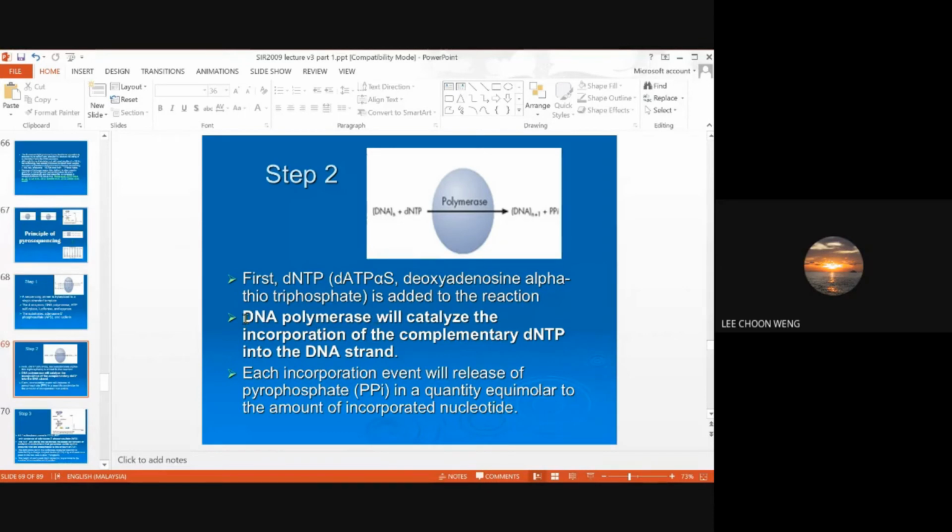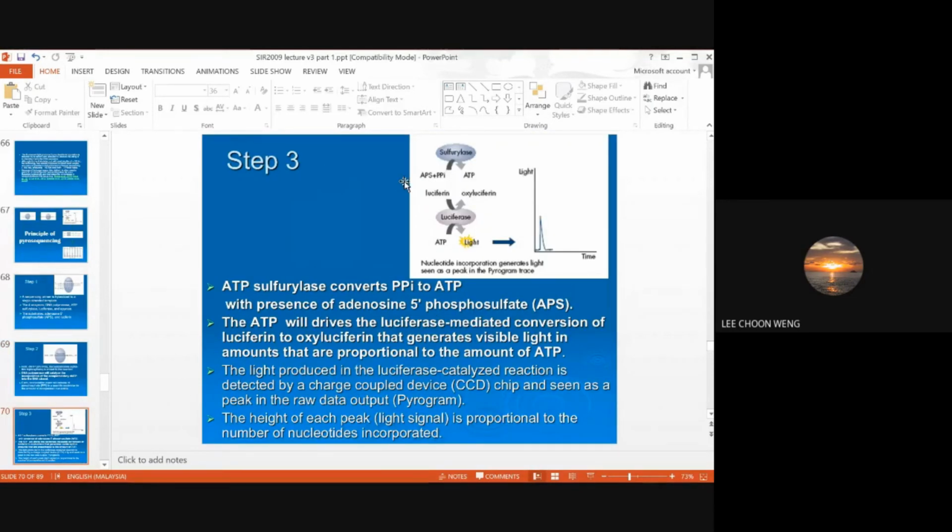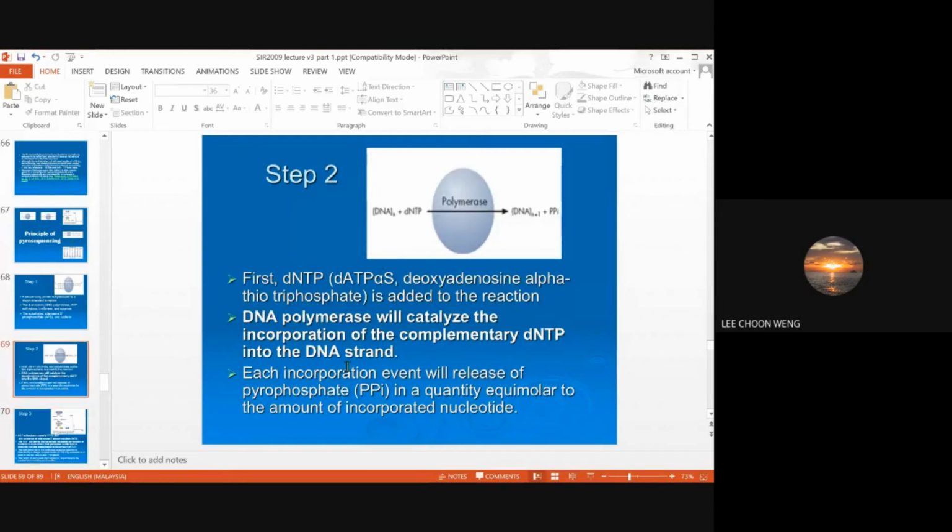The polymerase will catalyze the incorporation of the complementary dNTP. When it incorporates, it will release a pyrophosphate. Remember, CTP is a triphosphate. So when you incorporate the cytosine into the DNA fragment, you will release a pyrophosphate, two P's here.